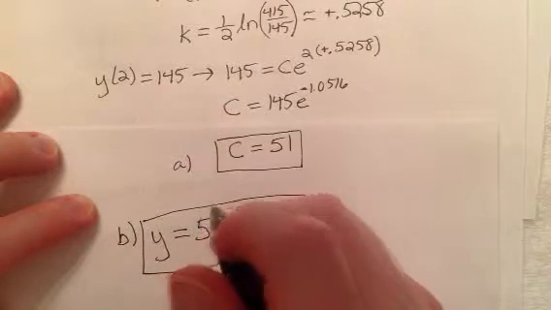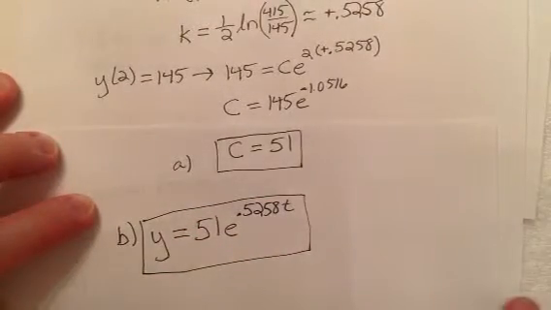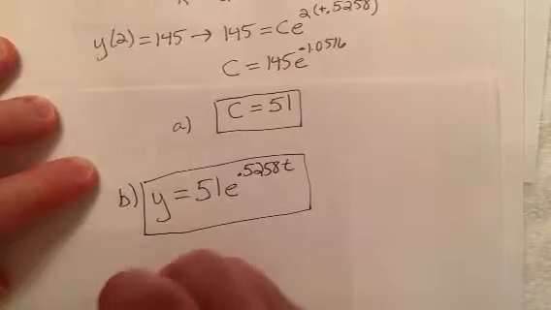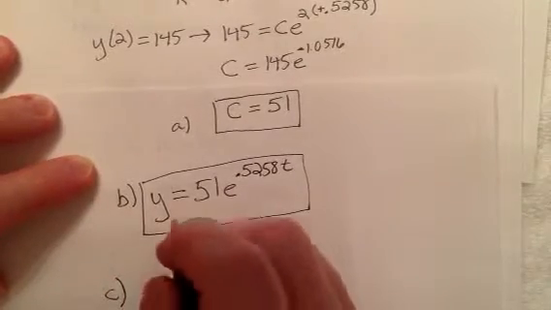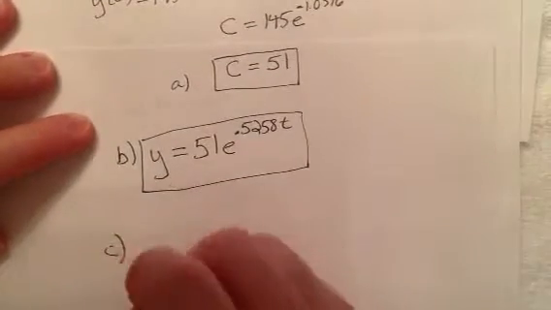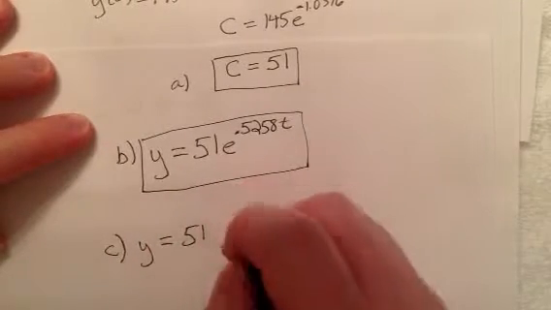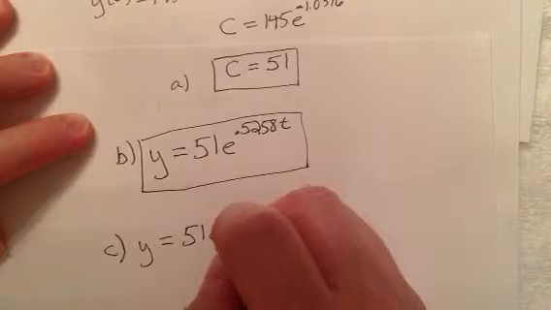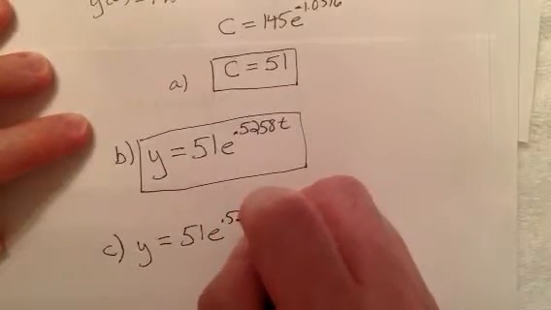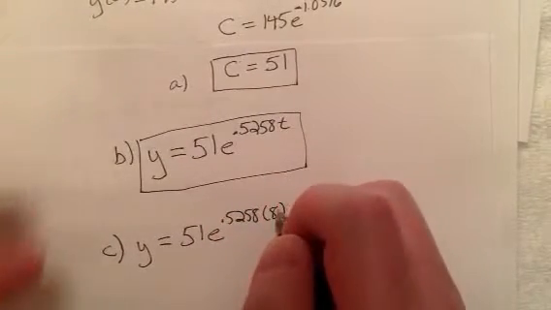For determining the number of bacteria after 8 hours, y is going to be equal to 51 times e to the 0.5258 times 8.